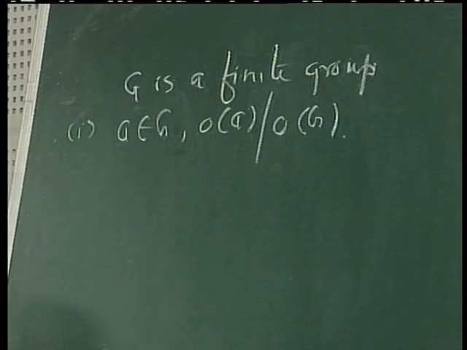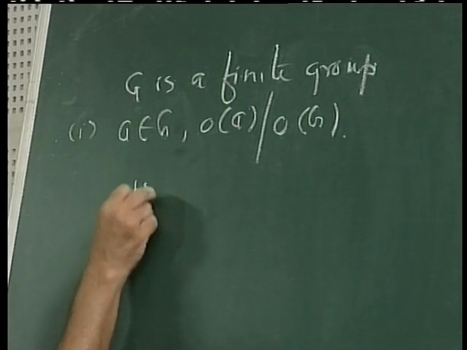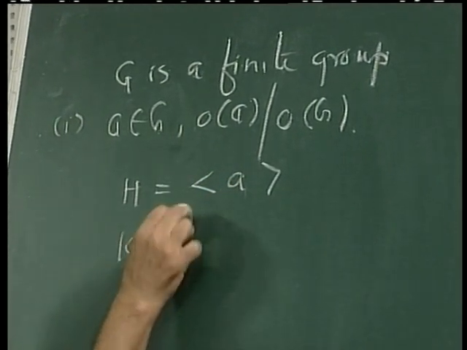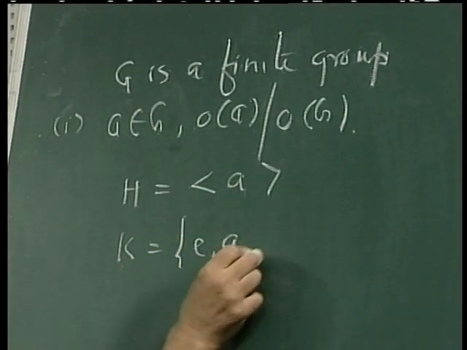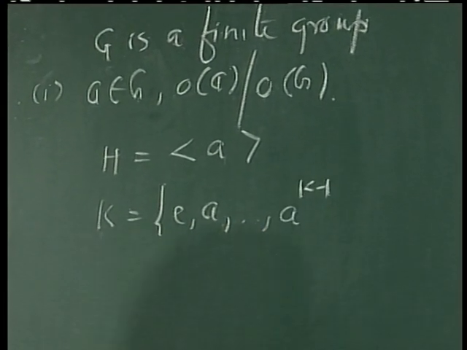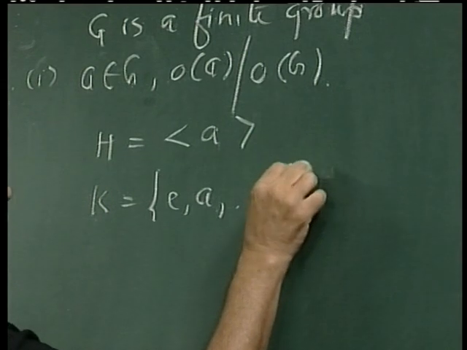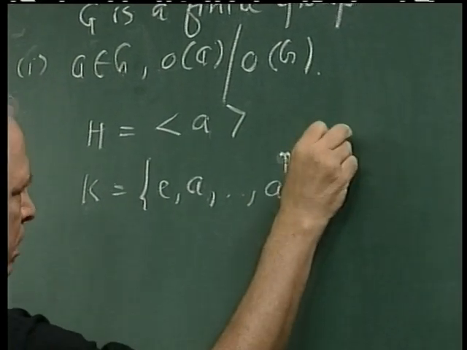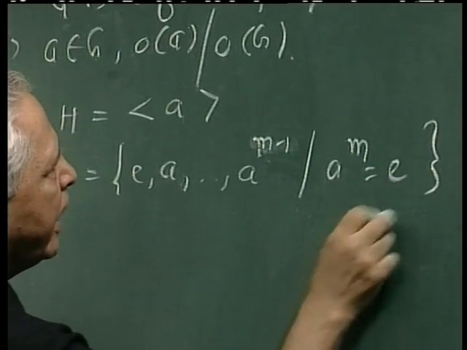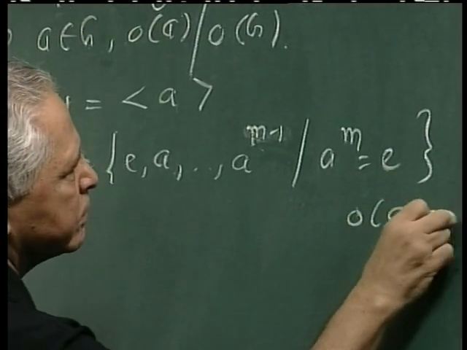What we do here is we take the cyclic subgroup generated by a, and we take K equal to {e, a, up to a raised to m minus 1}, where a raised to m equal to e, and order of a is equal to m.